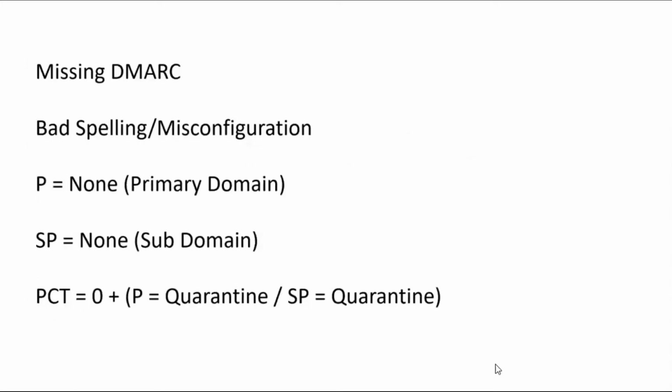So if you have a missing DMARC record, you will be spoofed. If you have bad spelling and misconfiguration, it is very easy to misconfigure DMARC. It will be success. Now this next value, P, or the primary domain or the policy value, is essentially a way for you to tell other people how to treat fake emails.